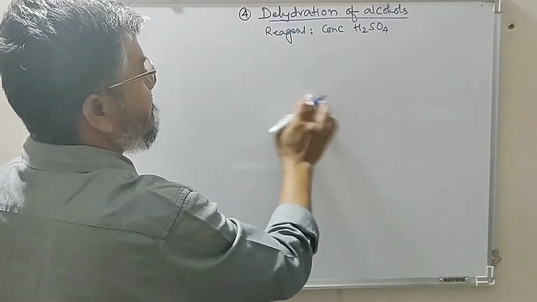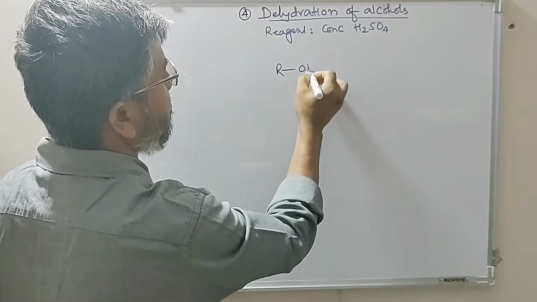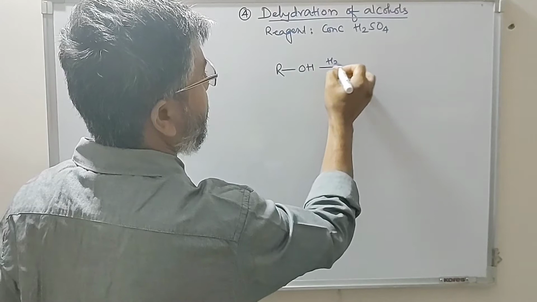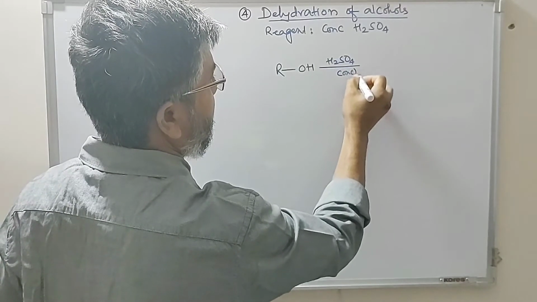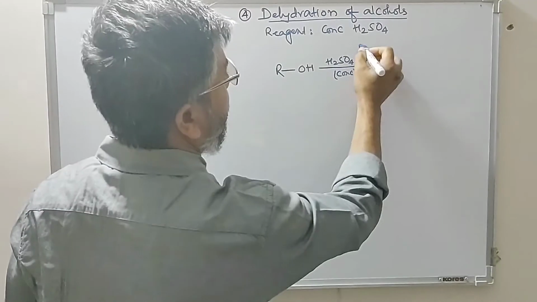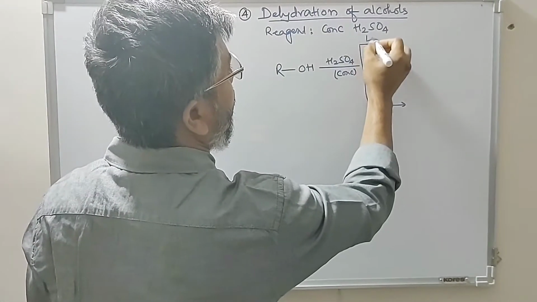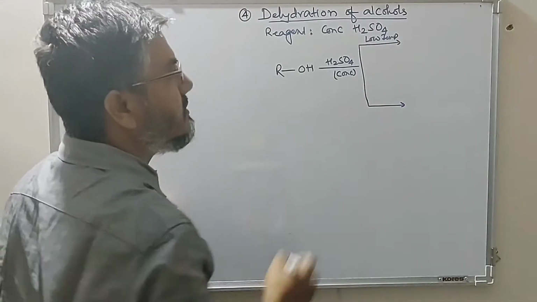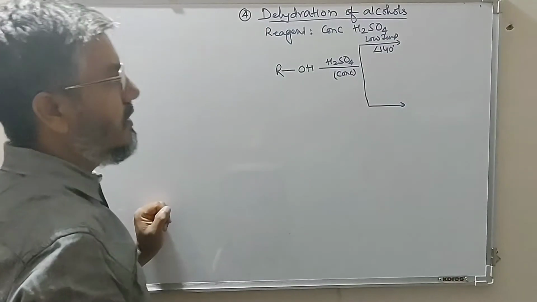Now look at this. We have this alcohol. This alcohol reacts with concentrated sulfuric acid. This gives you two different products. Low temperature condition means temperature less than 140 degrees.